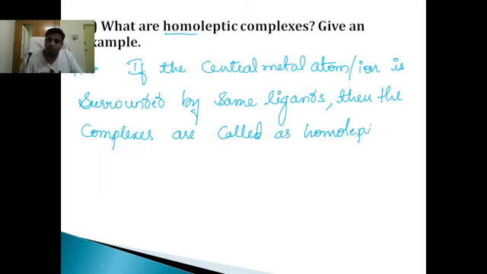If the central atom or ion is surrounded by same ligands, then the complexes are called homoleptic complexes.